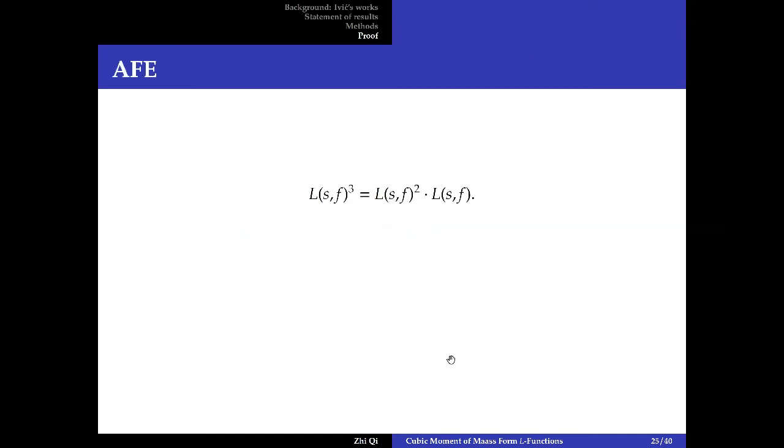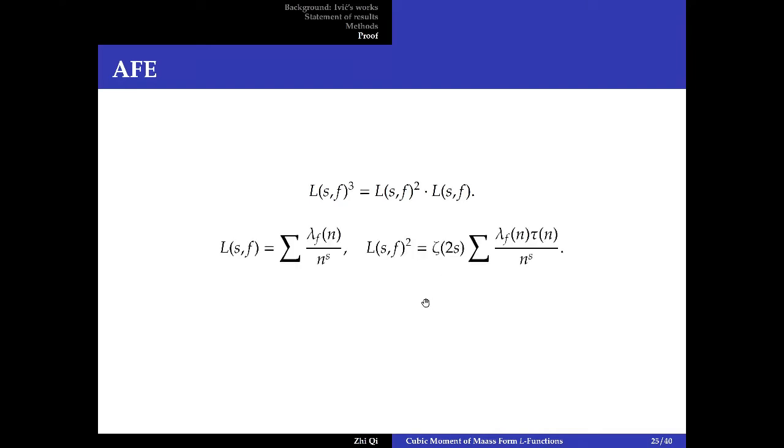Okay, so now let's start the proof. We're going to proceed as in Conrey-Iwaniec. So we start with the approximate functional equation. And here we're going to write it as a square, so L squared times L. We split the cube as square times L. All right, and the L-function was defined like this.